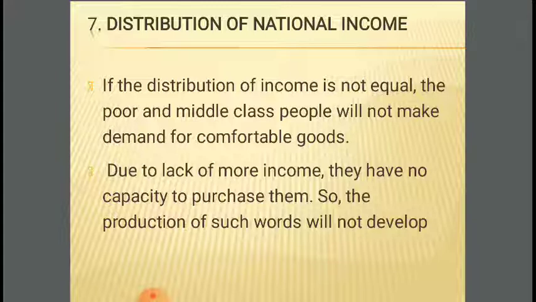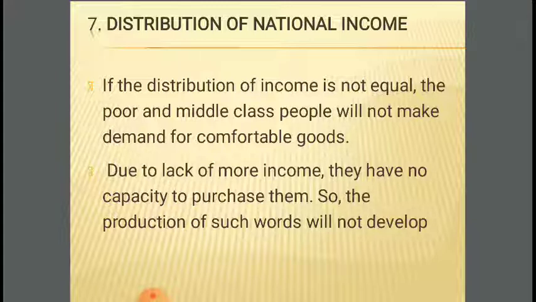There will be no rich, no middle, no poor. But if there is an uneven distribution, someone is earning too much and someone is not at all earning, then there will be classism, like rich class, middle class, and poor class.